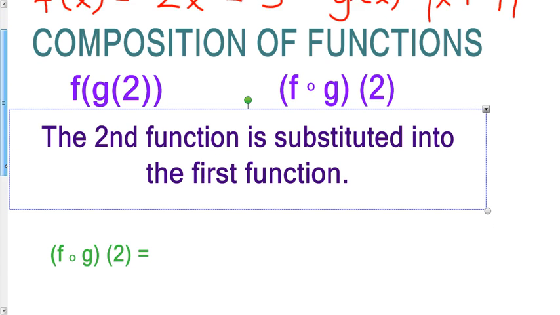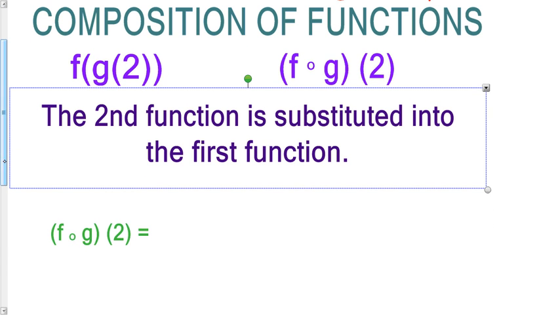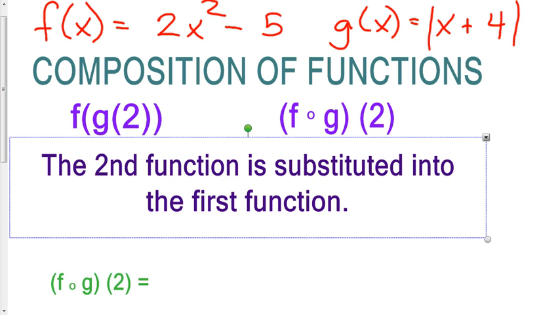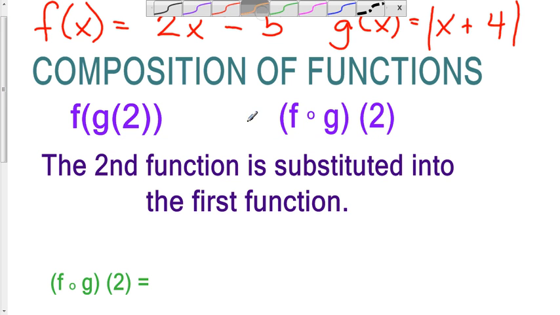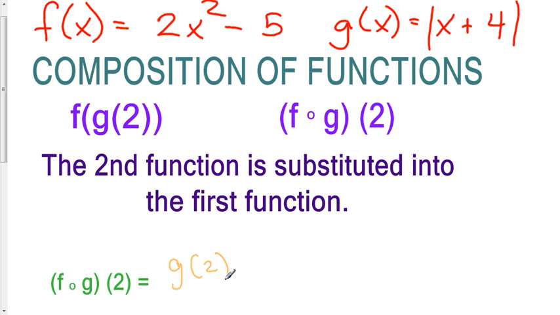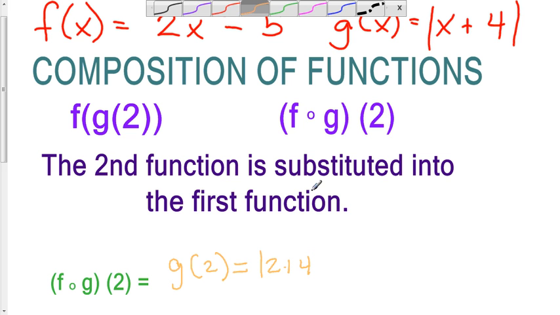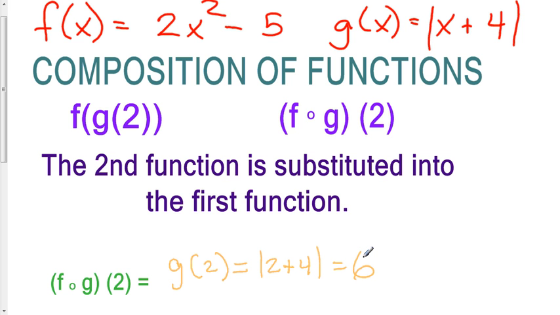Since we are trying to find f composition g of 2, the first thing we need to do is find out what is g of 2. That would be the absolute value of 2 plus 4, or 6. So that is what g of 2 is equal to.